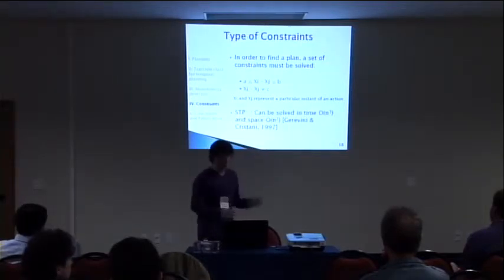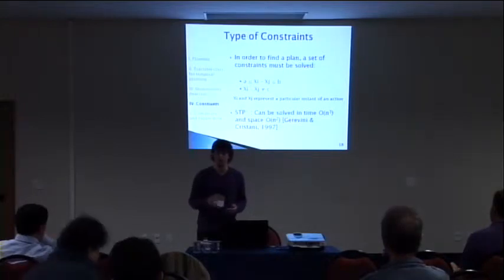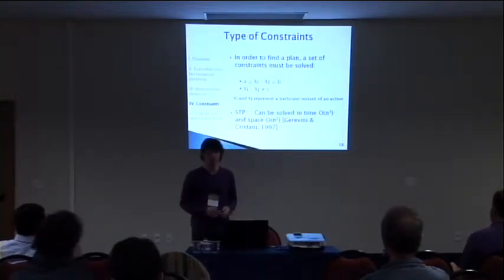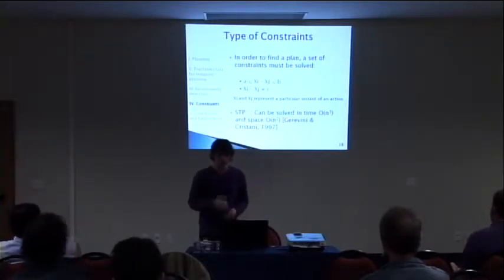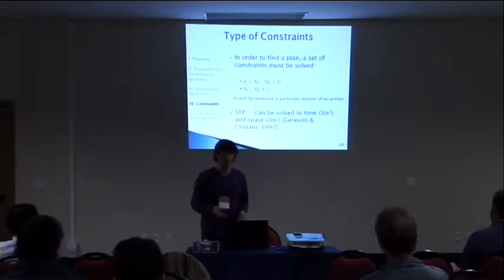If we have constraints of this form, then we have a problem that is an STP and can be solved in cubic time and in quadratic space by using the algorithm of Gerevini and Cristani from 1997.